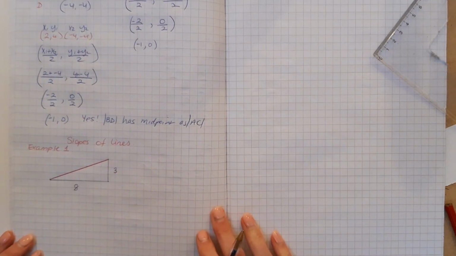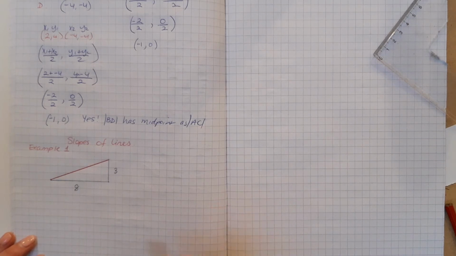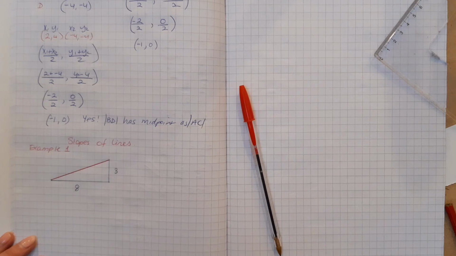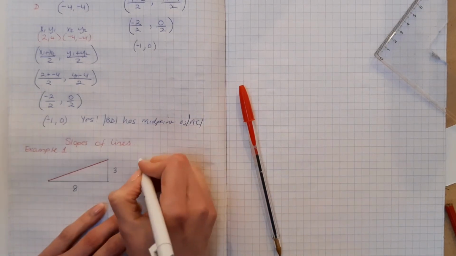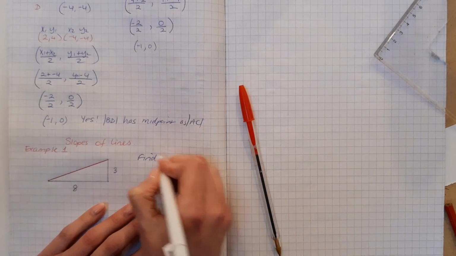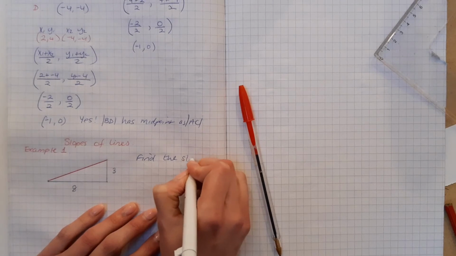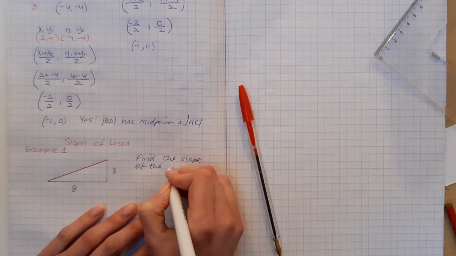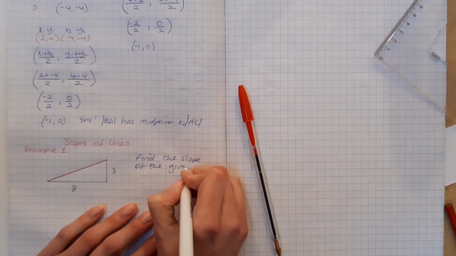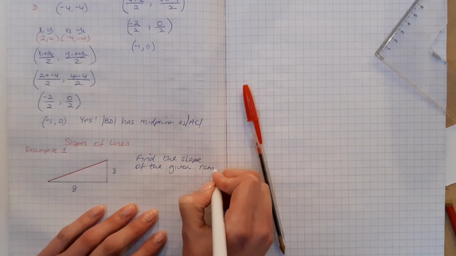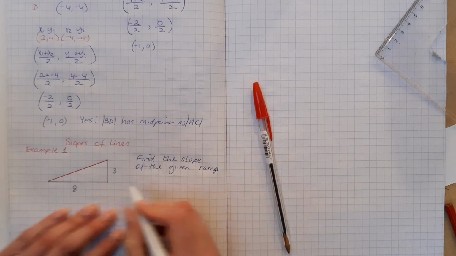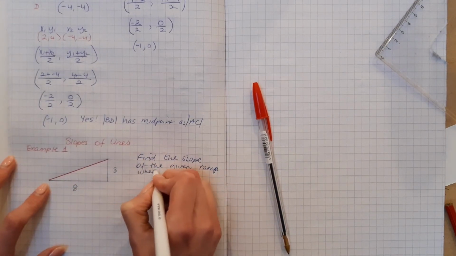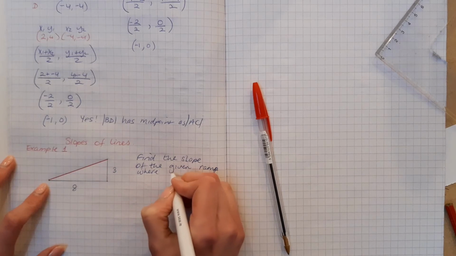So you're asked to find the slope of the given ramp. So we've been given a ramp here, which is that red line. And I'm just going to write in the question. You're asked to find the slope of the given ramp, when each box or each unit is 1 meter.